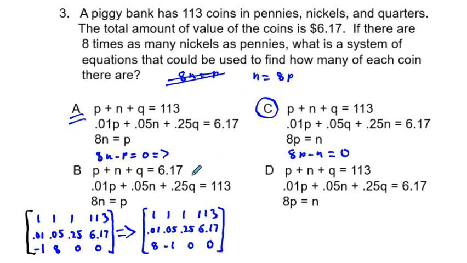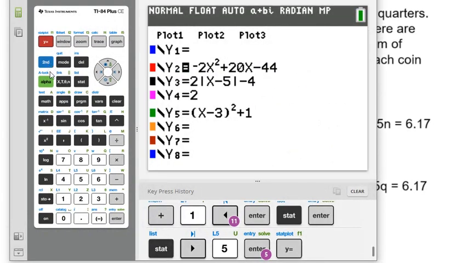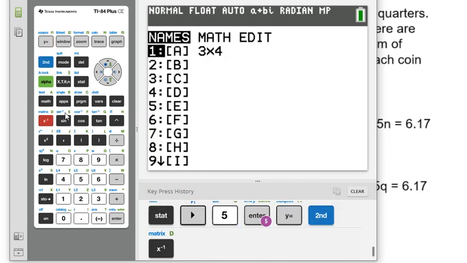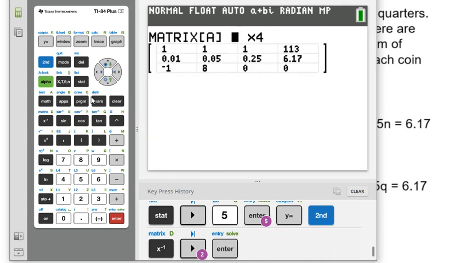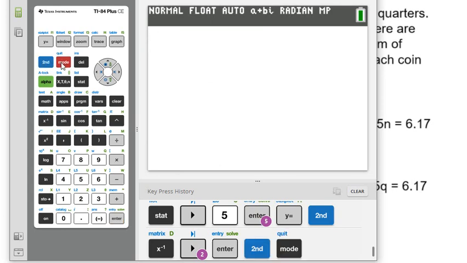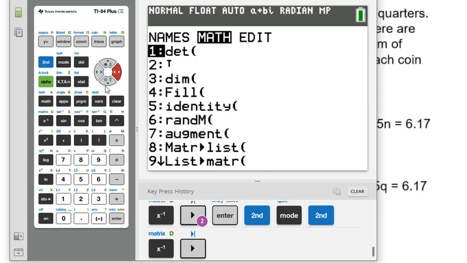But if you'd had the time, I'm going to show you what you have now. What I did is I entered this into a matrix. I'm going to go to second matrix, go to edit, and this is answer choice A entered. Then I go to second matrix, math, and down to B, which is your reduced row echelon form.